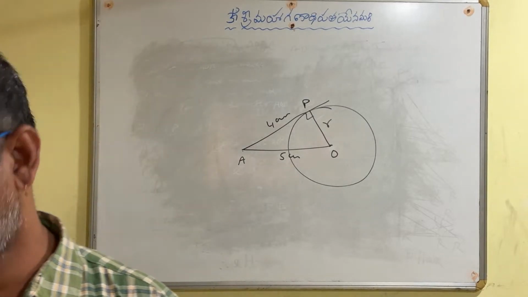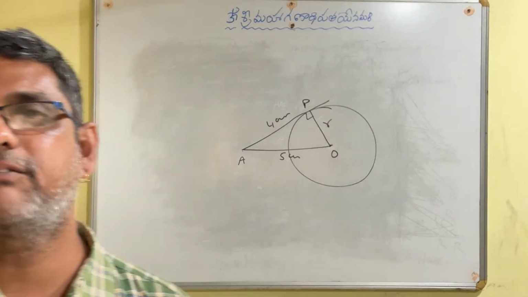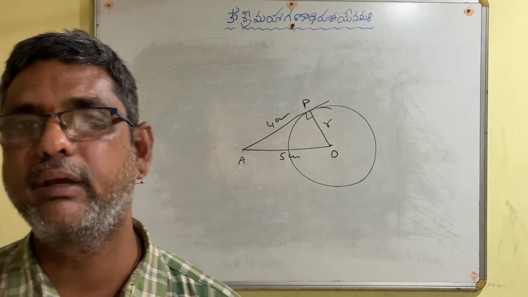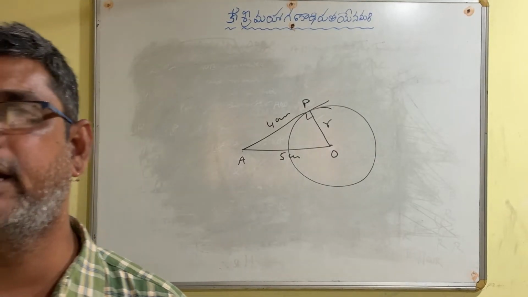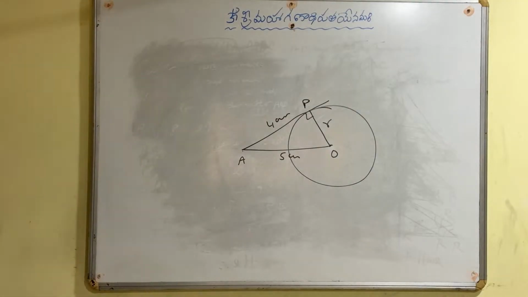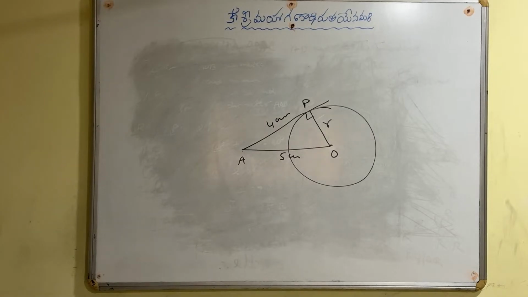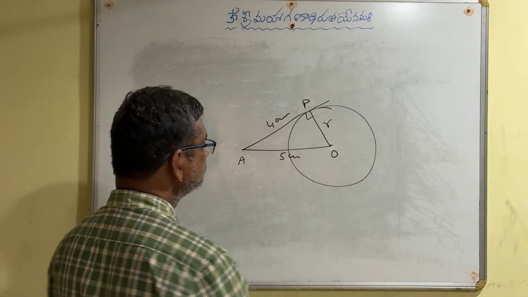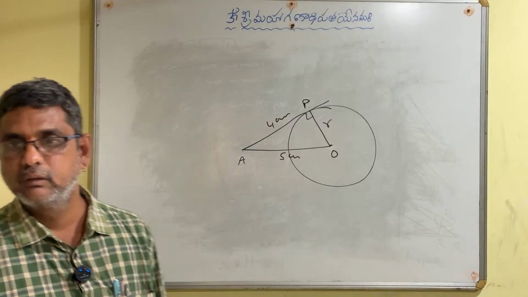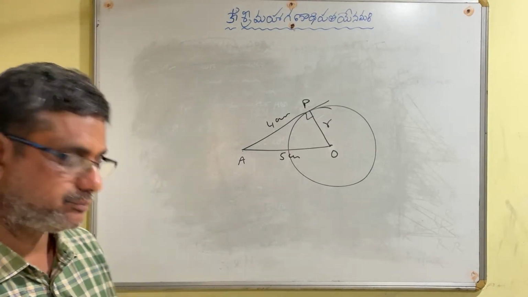The distance of A from center O is 5 centimeters. We need to find the radius using the Pythagoras theorem.